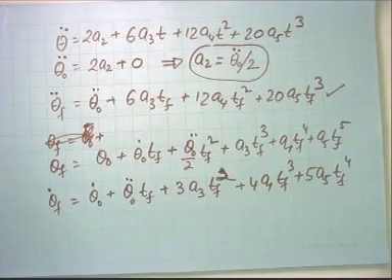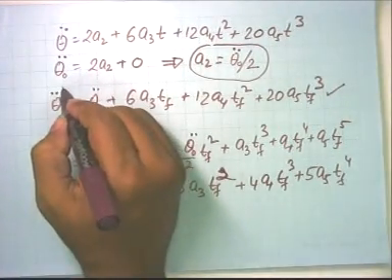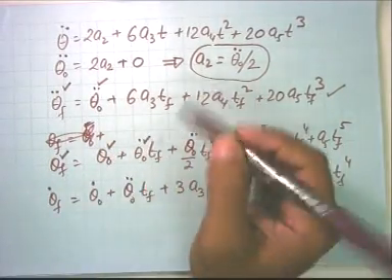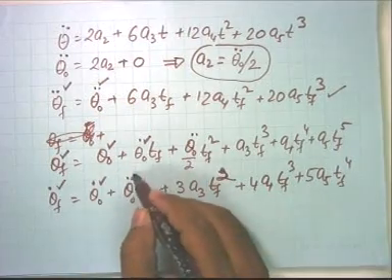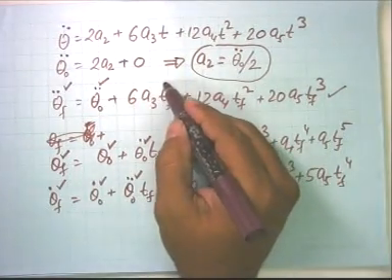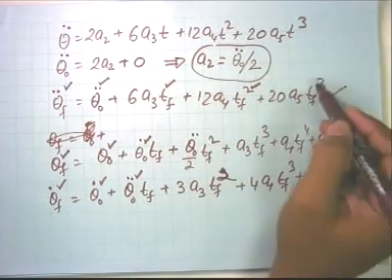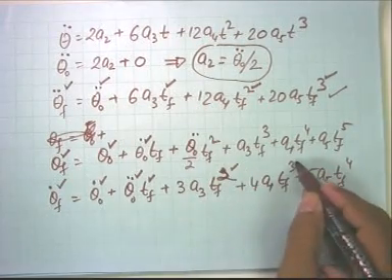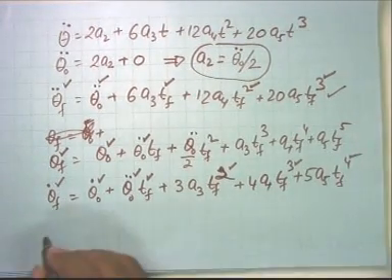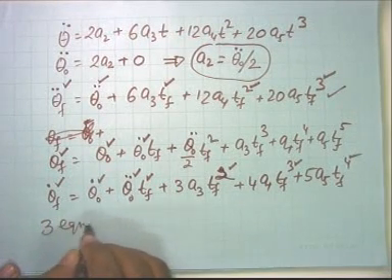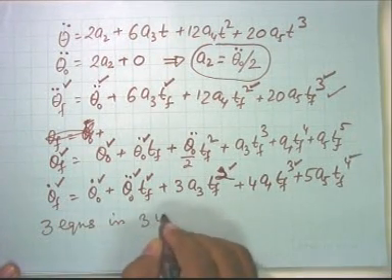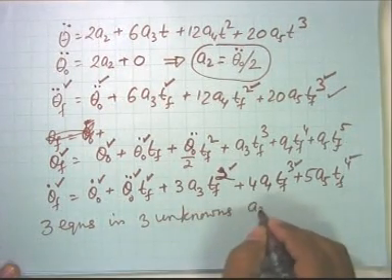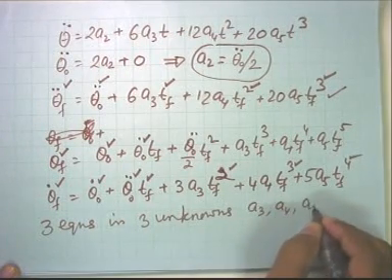So, now if you notice, this is known to me, this is known to me, and so on. What is also known to me is this, because Tf I am providing. So, ultimately I have 3 equations in 3 unknowns, and the unknowns are A3, A4, A5.